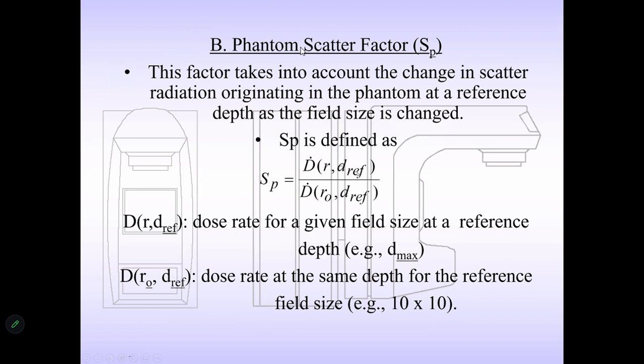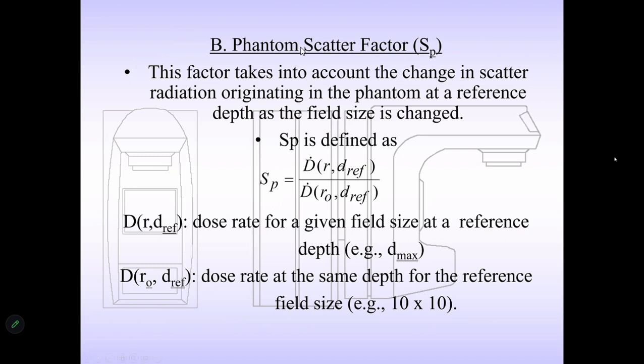Then there is the phantom scatter factor, S sub P, defined as the ratio at a specific distance to the original distance. If you remember, we have R naught, and the other R is the distance.